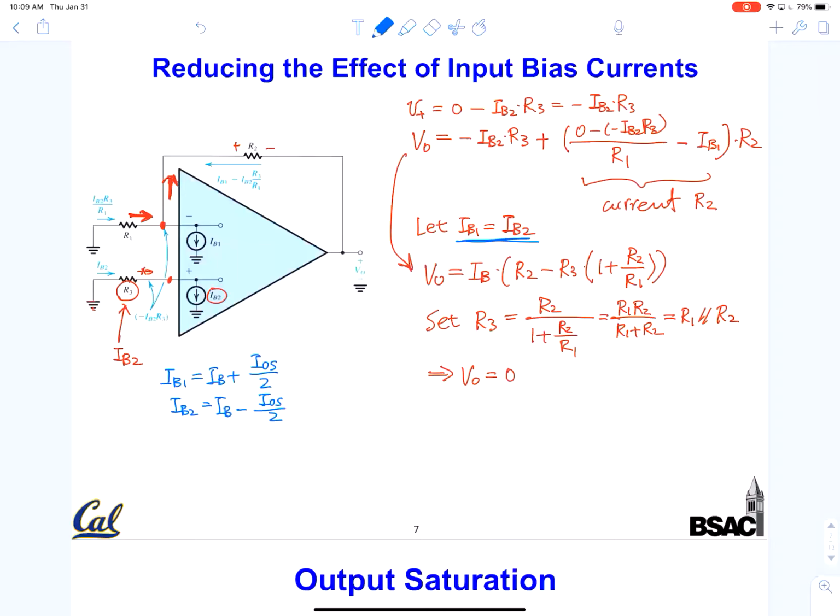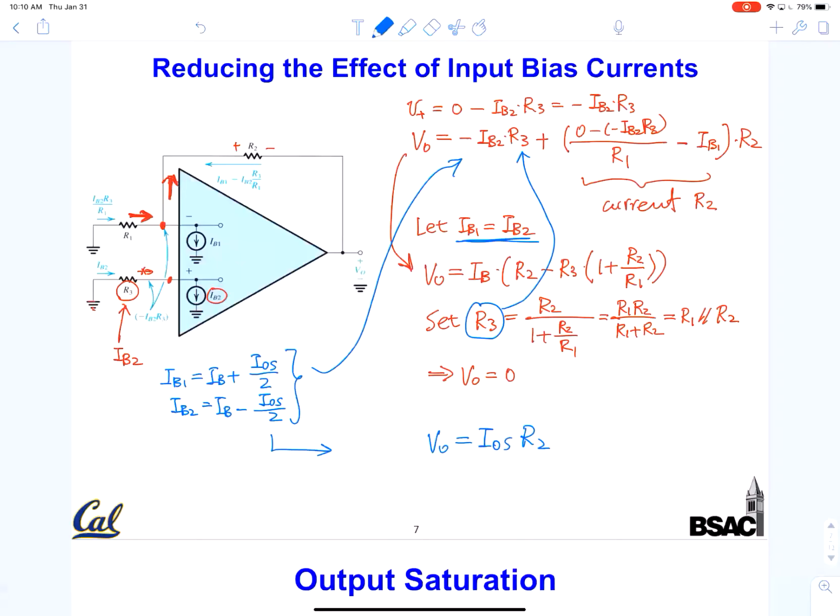So now if you use this R3 value and use these different IB, you substitute these back into this equation, and you'll find out the dominant term cancels out, but with that, you'll find the output voltage reduces to basically I offset times R2.